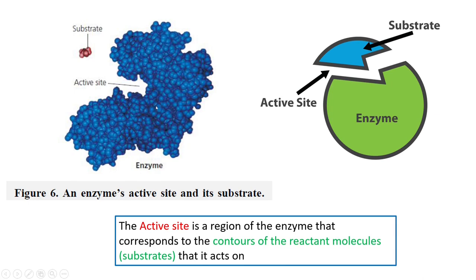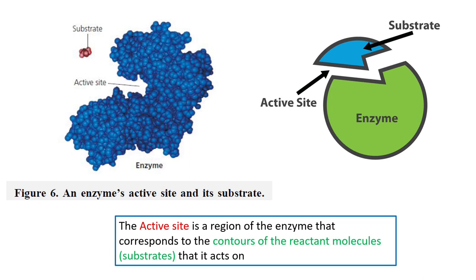Notice that the active site has a similar conformation to the substrate. This makes sure that only the substrate comes inside the active site, and only this will cause the reaction to proceed in order to produce your products.